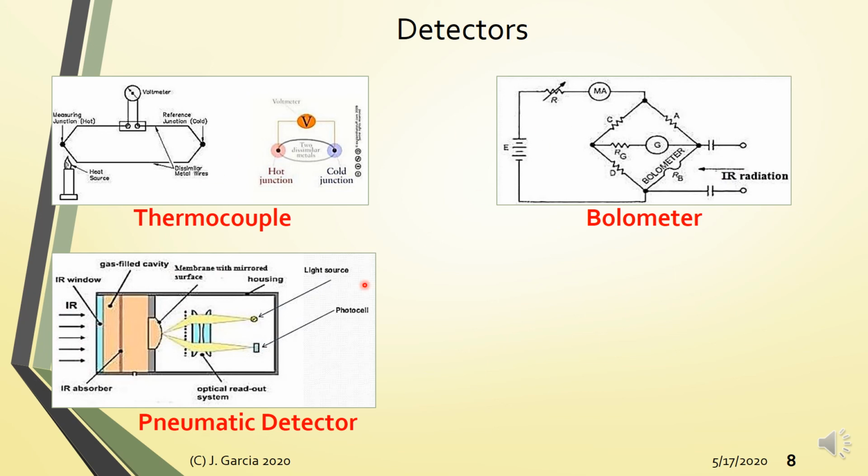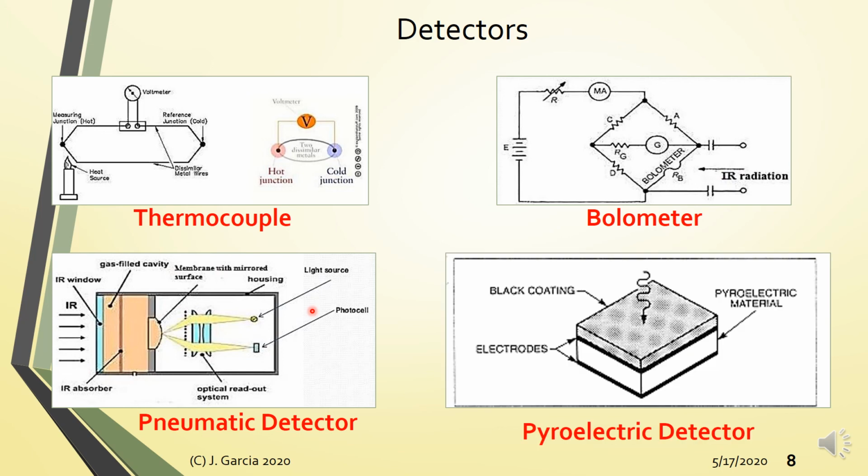Now, all of these three are not used nowadays in IR spectrometers. They are no longer used. What is used now in IR spectrometers is either the photoconductive cell, which we showed earlier, or this one, what you call a pyroelectric detector.